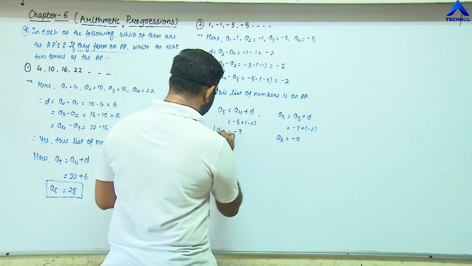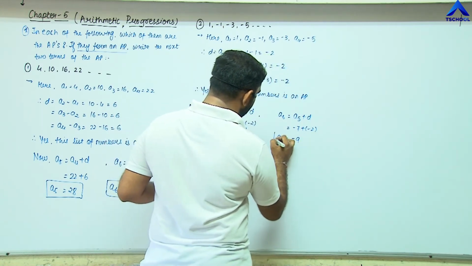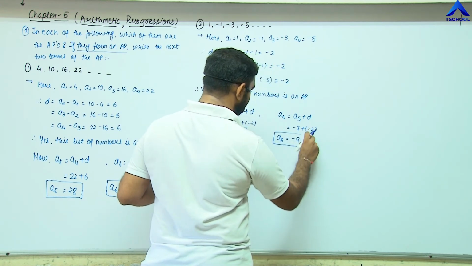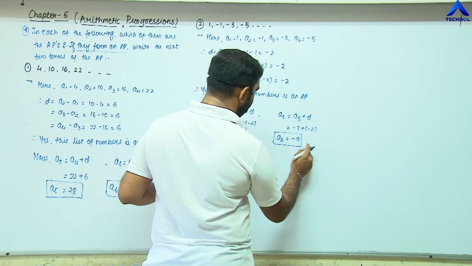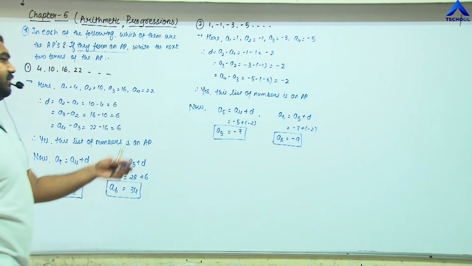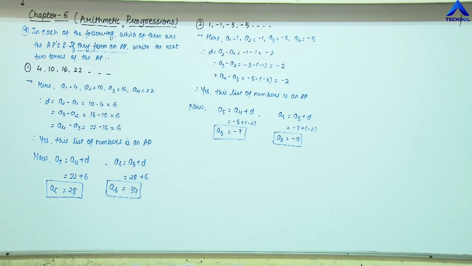So we got the next two terms: a5 is minus 7 and a6 is minus 9. Is it clear, friends? So in this way we can identify whether the list of numbers is an AP or not.